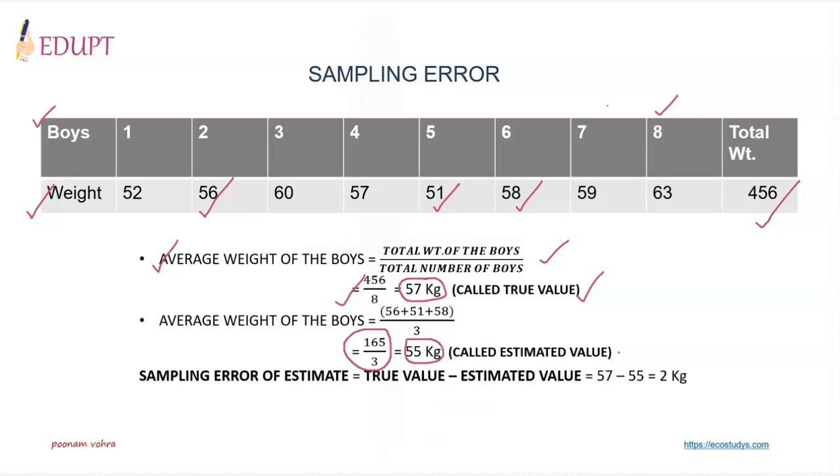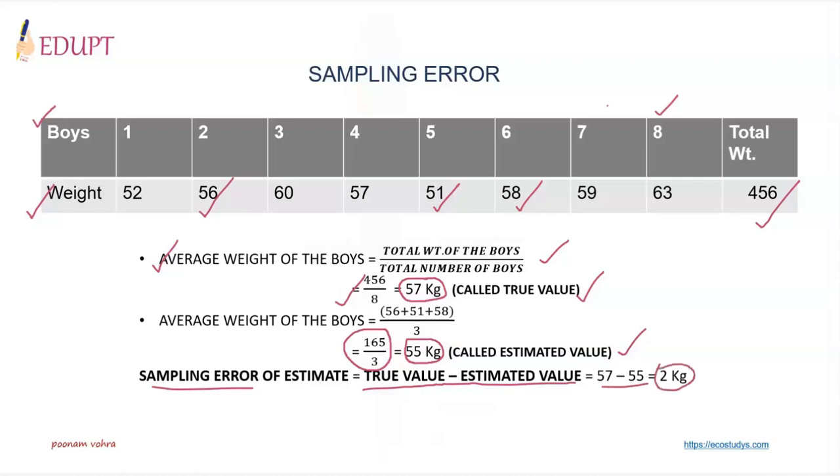So it is just an estimated value. So sampling error in this case would be true value minus the estimated value, which is 57 minus 55. So error is 2 kgs.